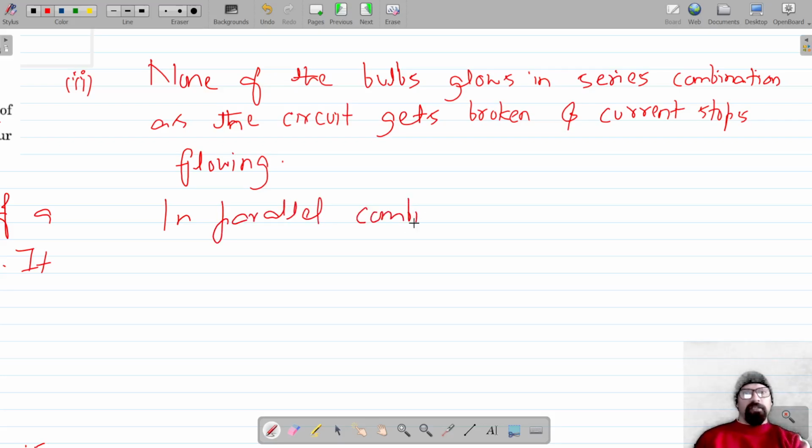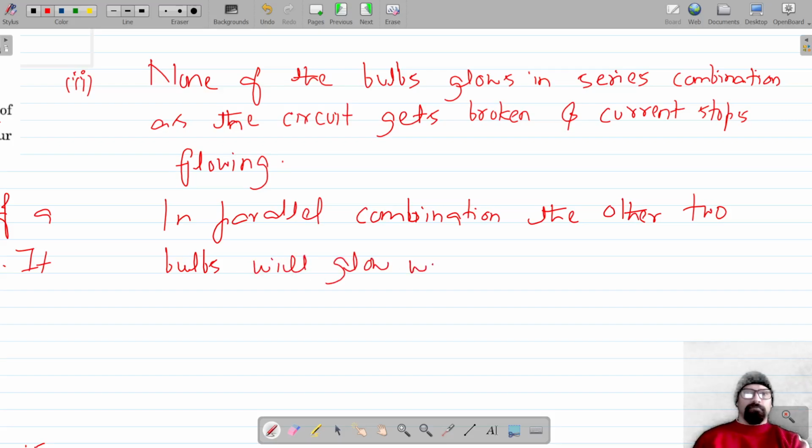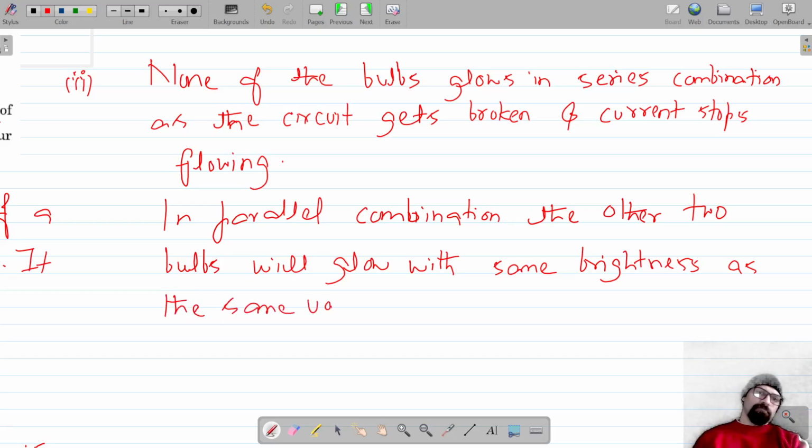So we can say that in parallel combination, the other bulbs will glow with the same brightness because the same voltage is available to them.